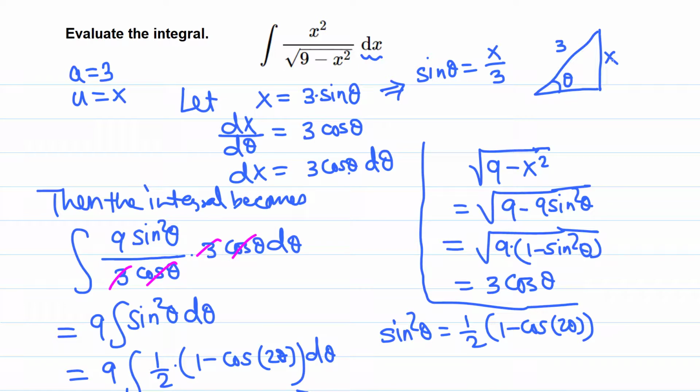Now a square plus b square equals c square, so we can use that little formula, a square, that's the unknown, plus b square equals c square, that's 3 squared, 9.